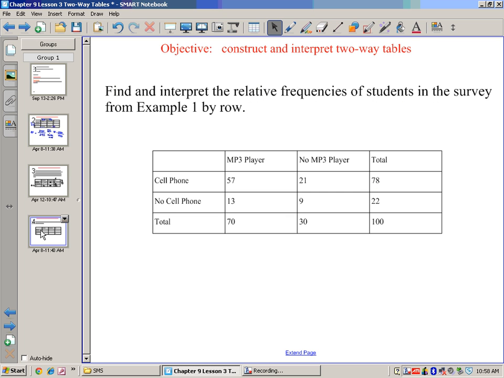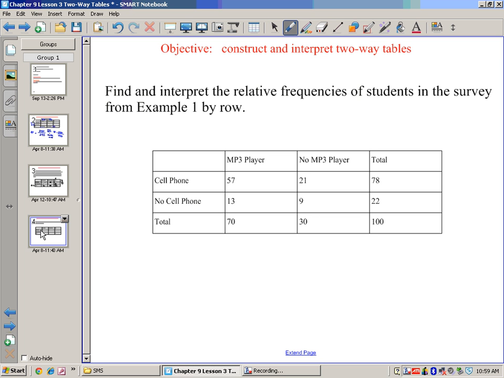And we're going to take a look at one more example. Find and interpret the relative frequency of students in the survey from example 1 by row. So we're going to find the relative frequency of students in the survey from example 1 by the row. So what are we going to do here? Relative frequency.